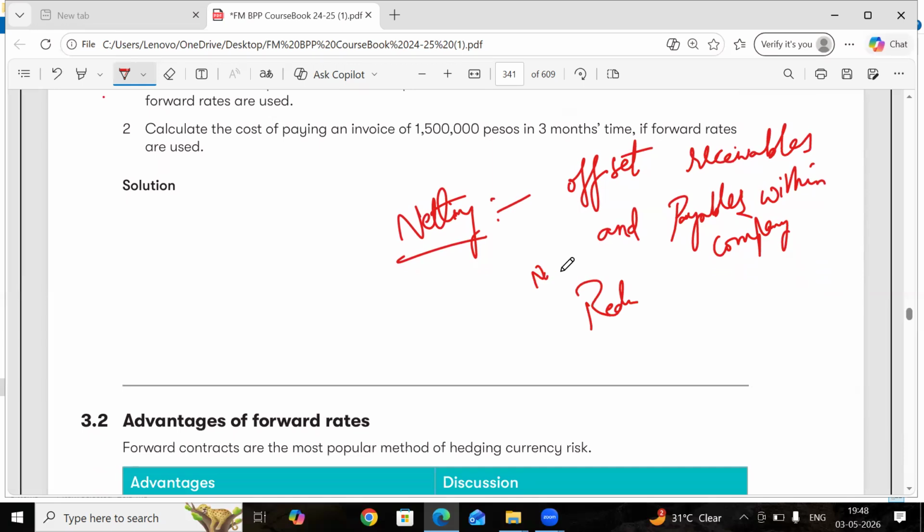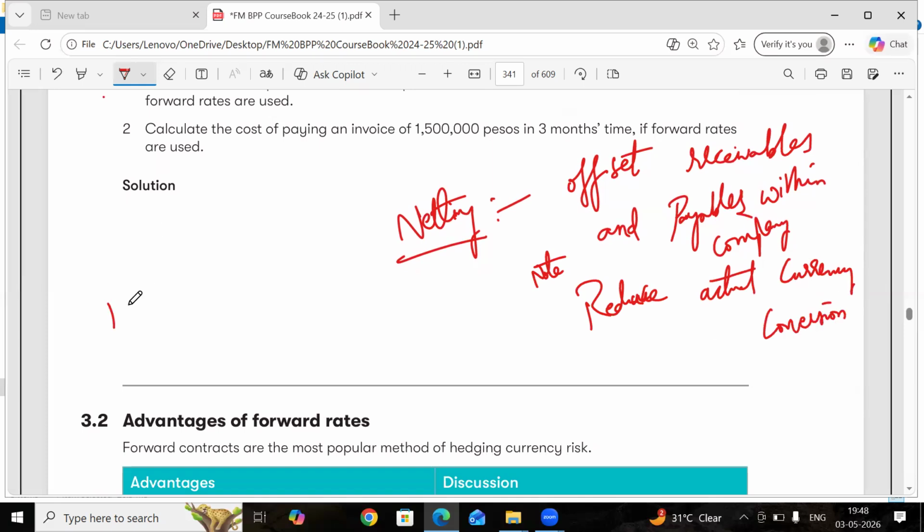Note, reduce actual currency conversion. What is happening?